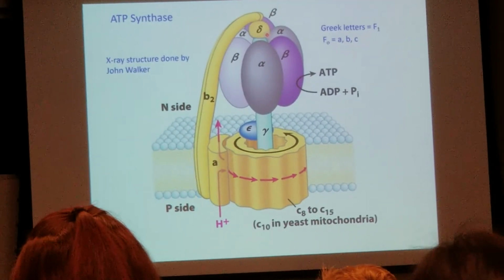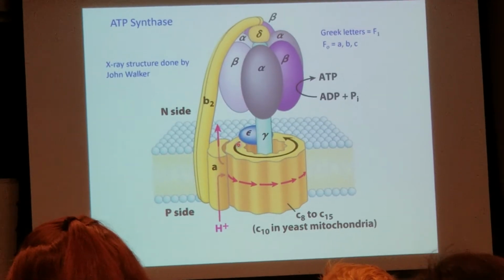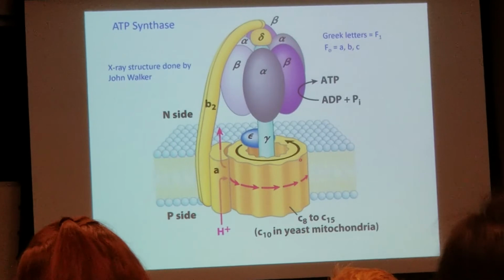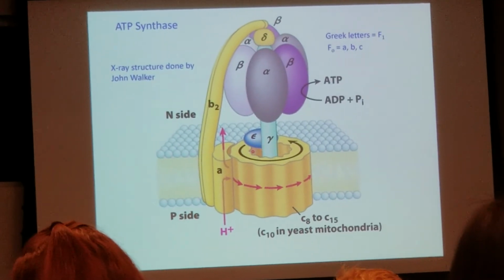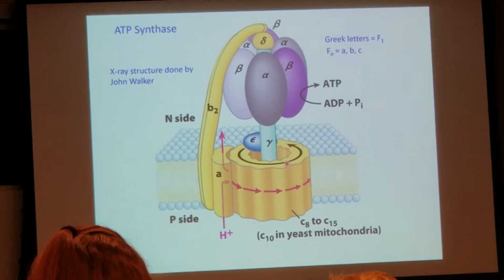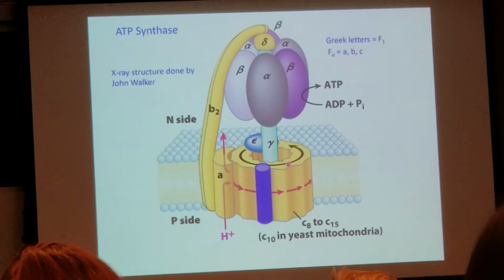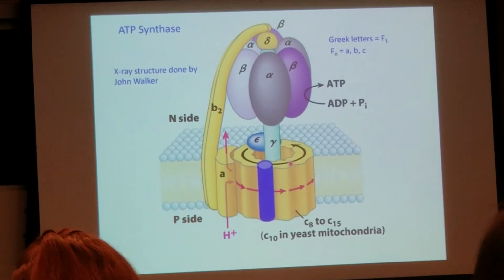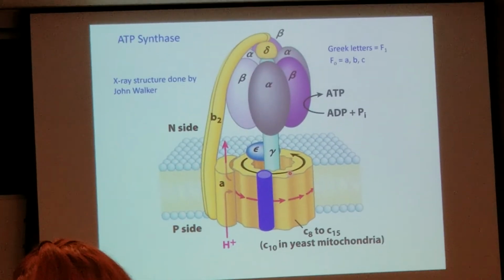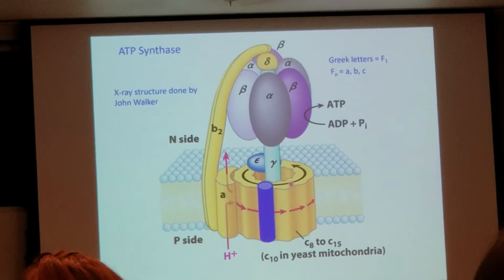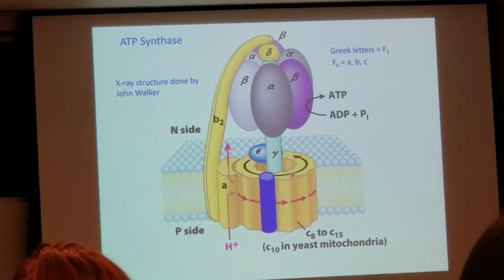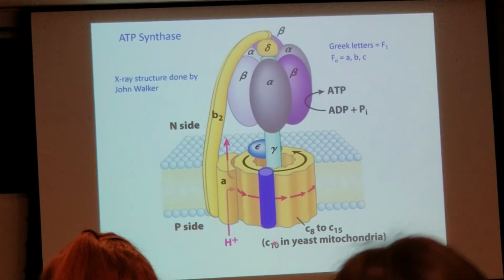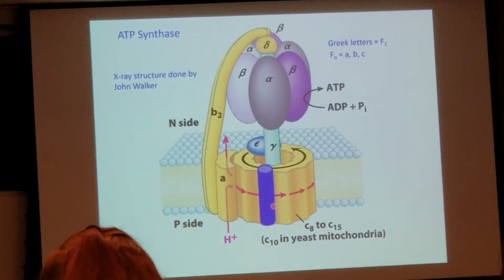Okay? Now the C subunits here are the components of this spinning merry-go-round. As it spins, the gamma is attached to this spinning thing. So I'm going to draw one of the C subunits right here. How many C subunits make up this spinning platform depends, as it turns out, on the organism. I'm going to go with 10 because that's what it is in yeast, and that's the best study.